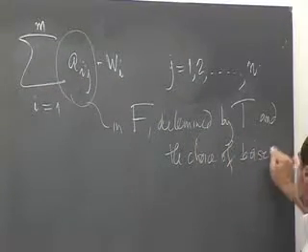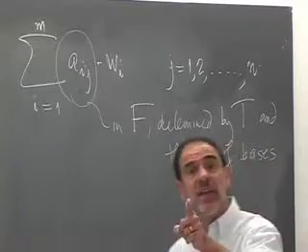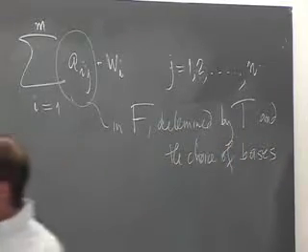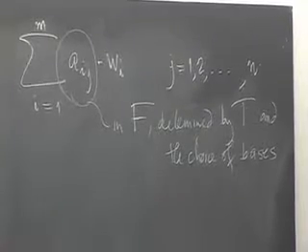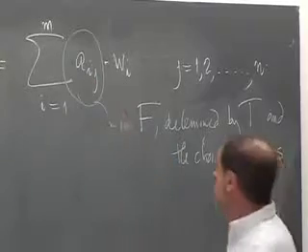And you have to choose both bases before you get the aij. Otherwise, you couldn't do it. Conversely, if I have bases of V and W, and I give you these aij, they determine T.